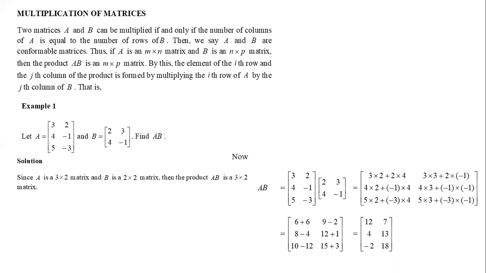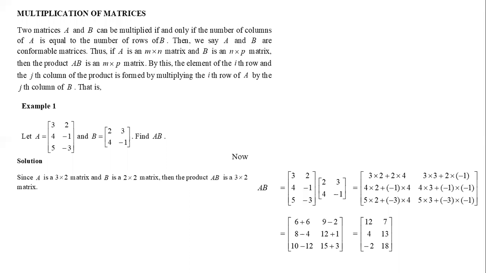The second row is 4 and minus 1. Now, let's start. I'm using the first column of A to multiply the first row of B. That is why I have 3 times 2 plus, and I will add the second term, 4 times 2. Do you see it? That is the first one. Do you get what I did?